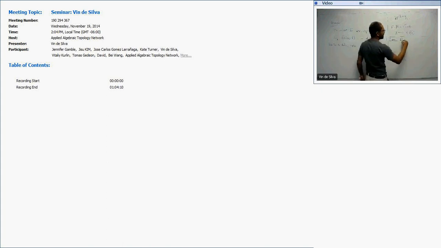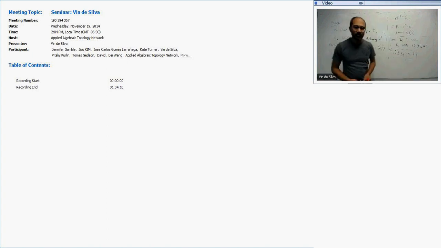If, for example, X is also a metric space, and the infinity distance between F and G is epsilon, or just anything, it doesn't have to be small epsilon, it follows that the persistence modules, capital F and capital G, have distance less than epsilon.